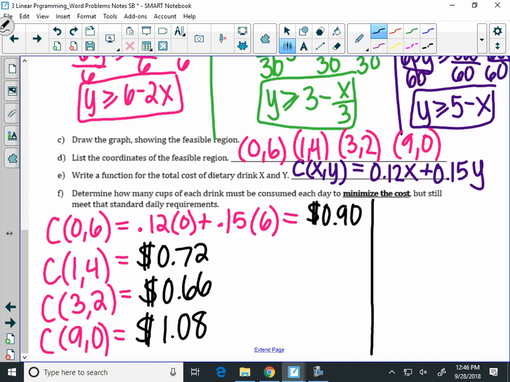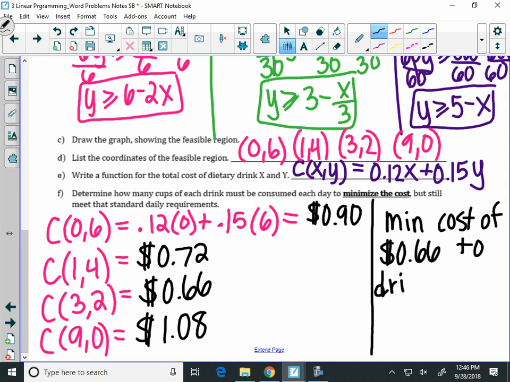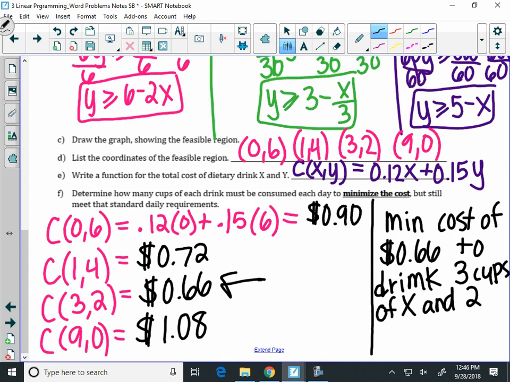Well, what's the cheapest one? 66. So you have a minimum cost of 66 cents per day. When you drink, how much of drink X? What is your minimum? You drink 3 cups of X, and how much of Y? 2 cups of Y.